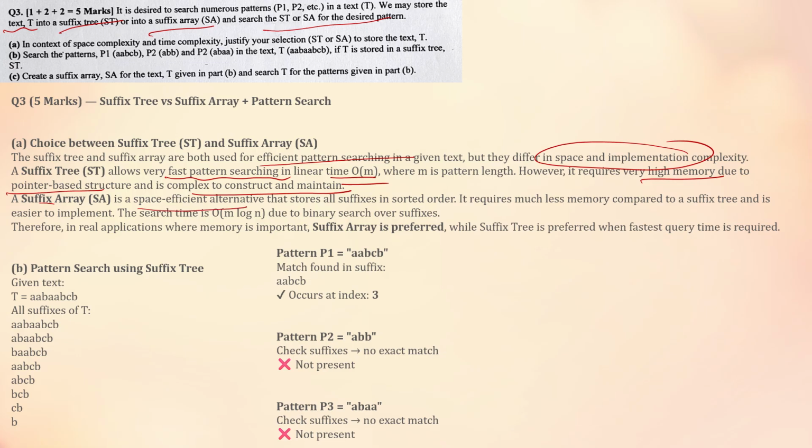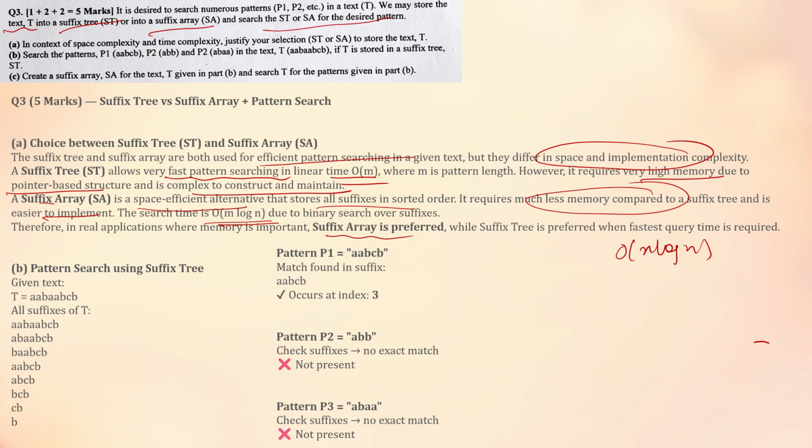A suffix array is space efficient and stores all suffixes in sorted order. Much less memory, easier to implement, m log n time complexity. Therefore, we prefer a suffix array: less memory, and we are also able to solve with binary search, approximately that time complexity, that is order of n log n.